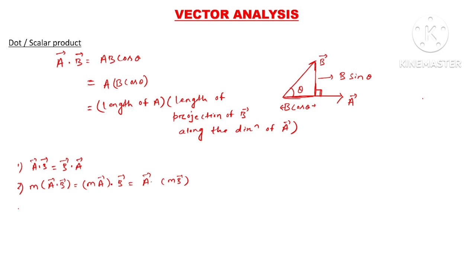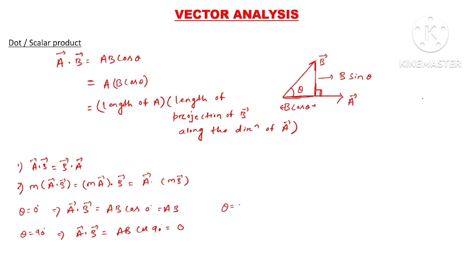Okay, so now let's take a few special cases. If theta is 0 degree, then A dot B, that is AB cos 0, is equal to AB, right? If theta is 90 degree, then A dot B is equal to AB cos 90 degree, that will be 0.